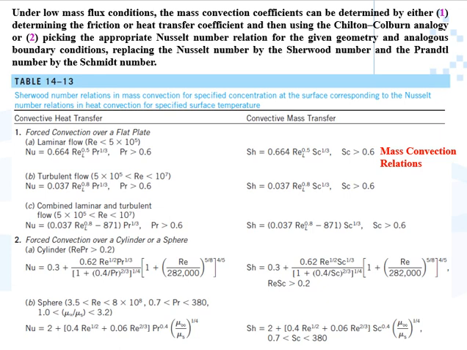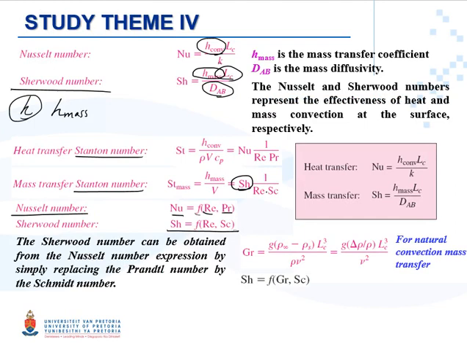Instead of Prandtl, we put Schmidt and the power stays the same. Turbulent, again the same, combine laminar and turbulent with difference. So you see those situations. But let's go back, and after that we are going to, I just wanted to show that equation too.